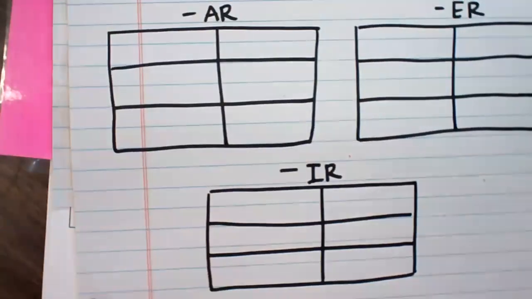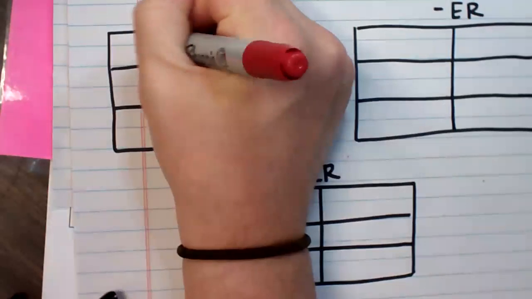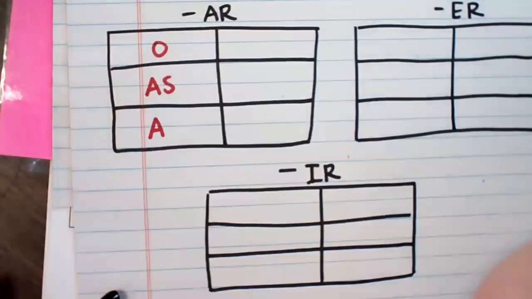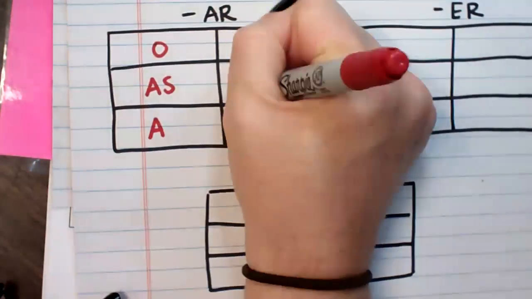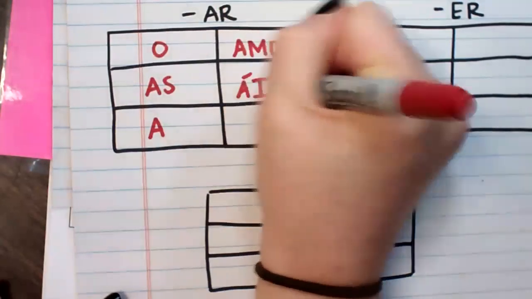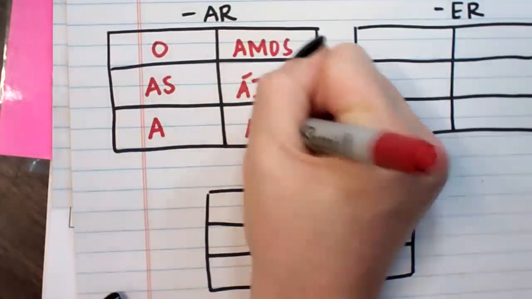Okay. So our AR endings, we have o, as, a, amos, áis, an.